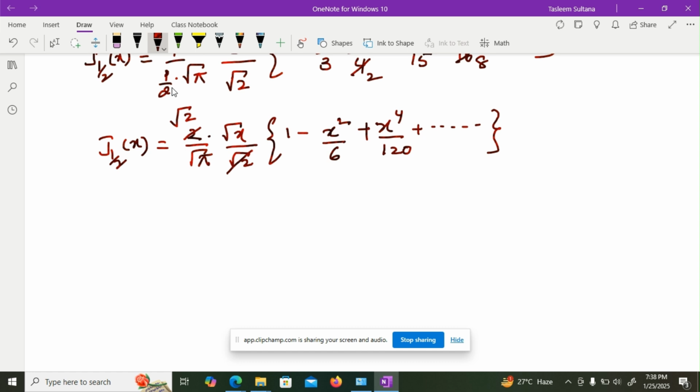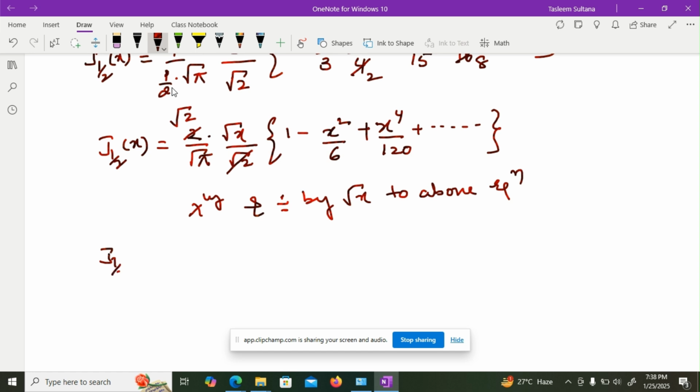Again we cannot say this is a sine series yet, because it should start with x minus x cube by 3 factorial plus x power 5 by 5 factorial plus so on. So we need a factor of x here. We multiply and divide by root x in the above equation.